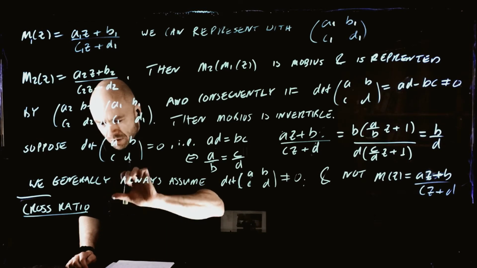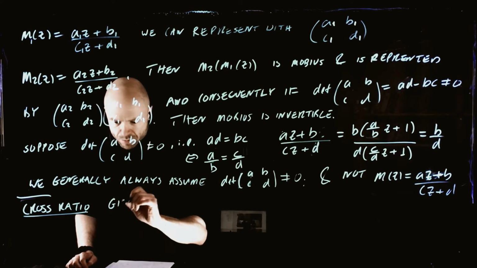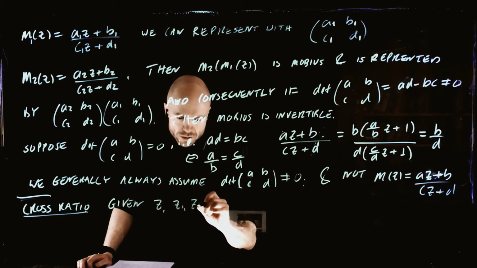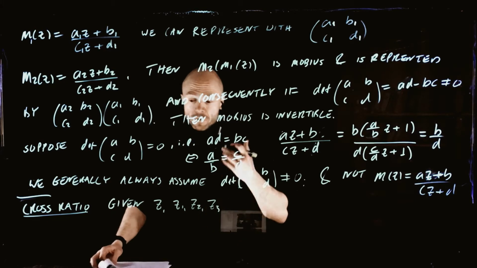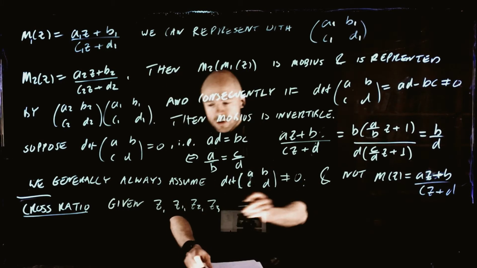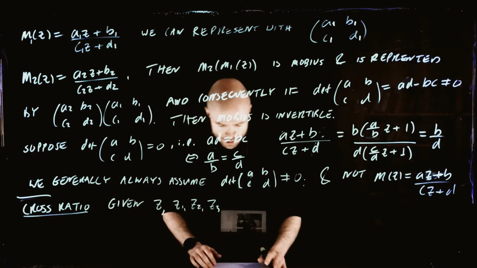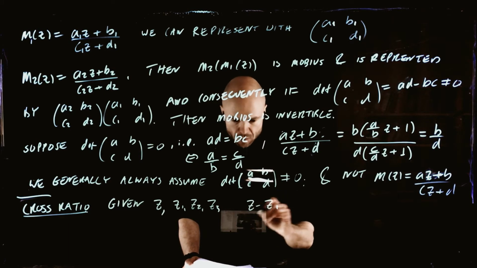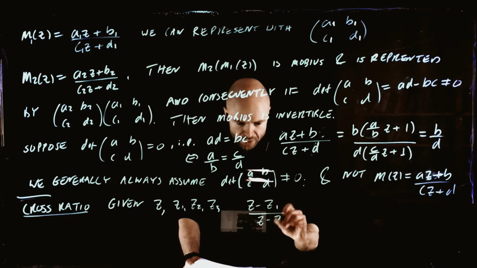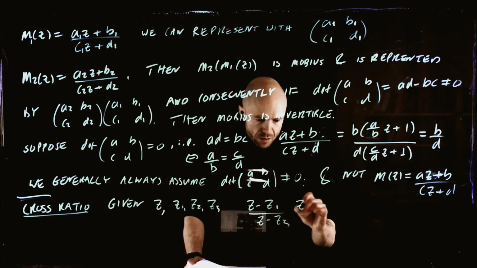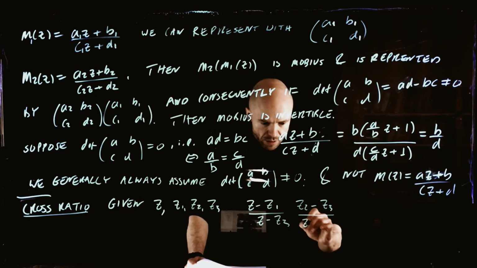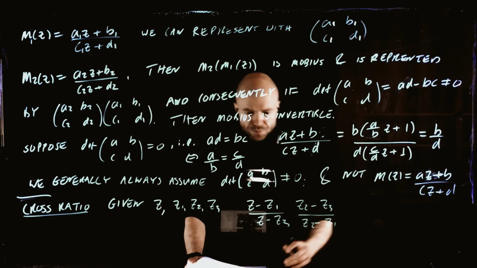Okay, so given 4 complex numbers, let's call them Z, Z1, Z2, and Z3. We're going to form this thing which we call the cross ratio of these 4 complex numbers. It's given by this: Z minus Z1 over Z minus Z3, times Z2 minus Z3 over Z2 minus Z1.